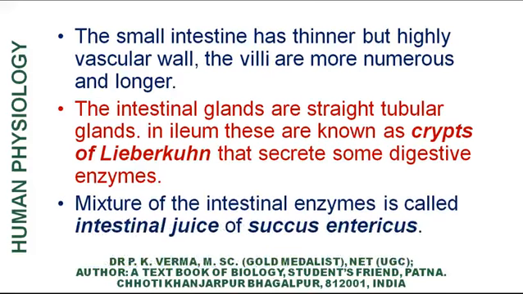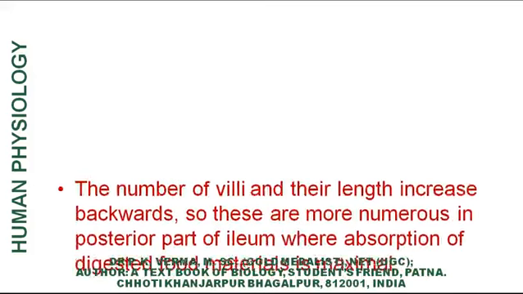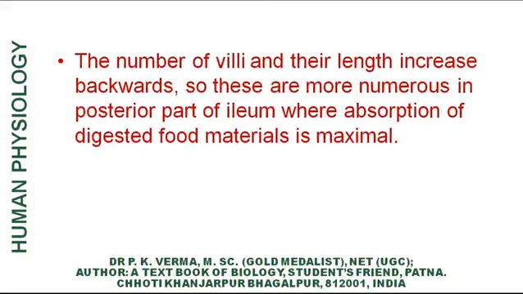The mixture of the intestinal enzymes is called intestinal juice or succus entericus. The number of villi and their length increase backward, so these are more numerous in the posterior part of the ileum, where absorption of digested food material is maximum.